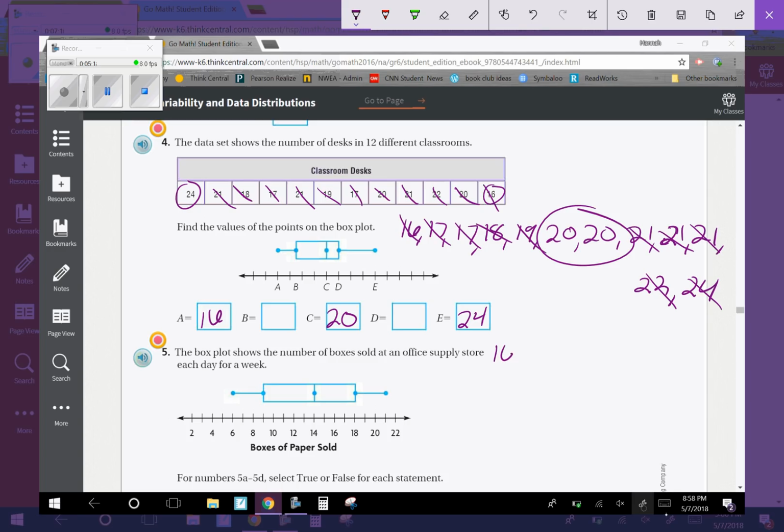So I need to take 16, 17, 17, which right there is my median, so I include the 20. 18, 19, 20.